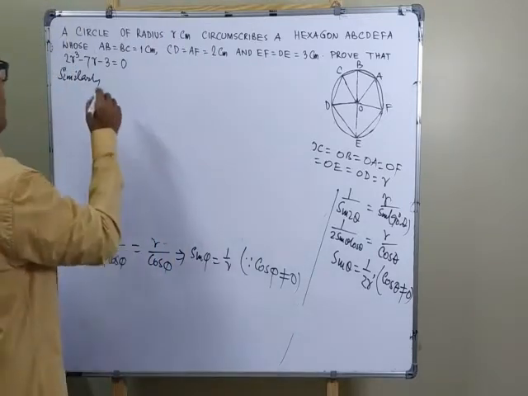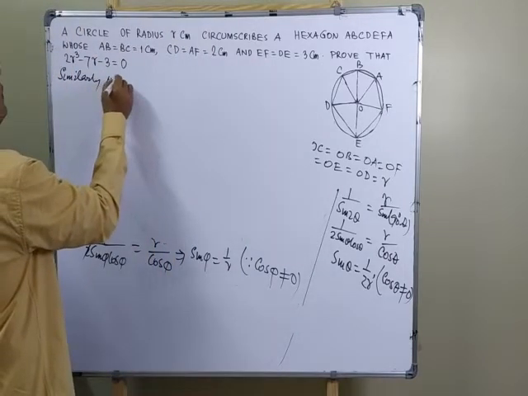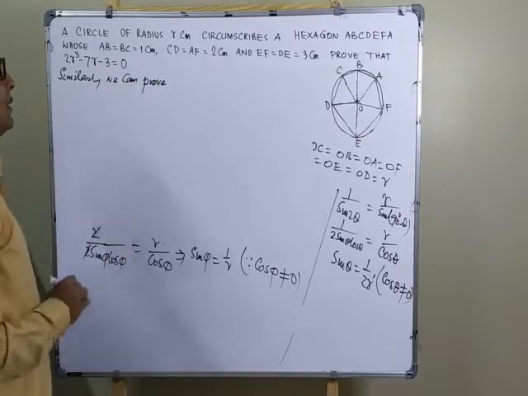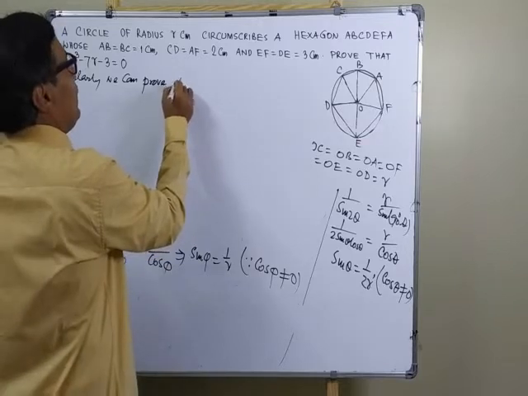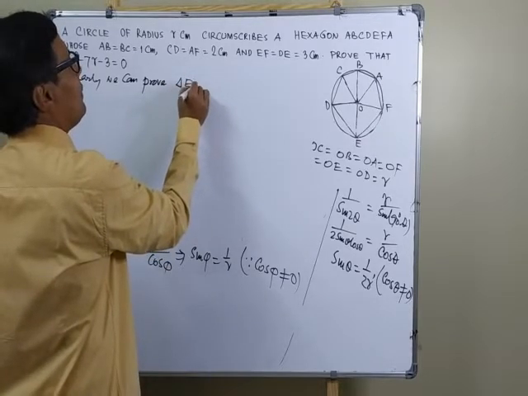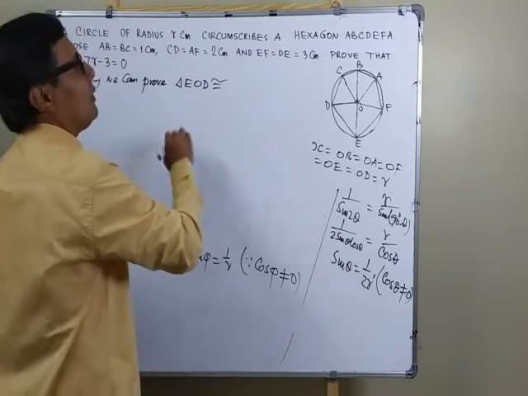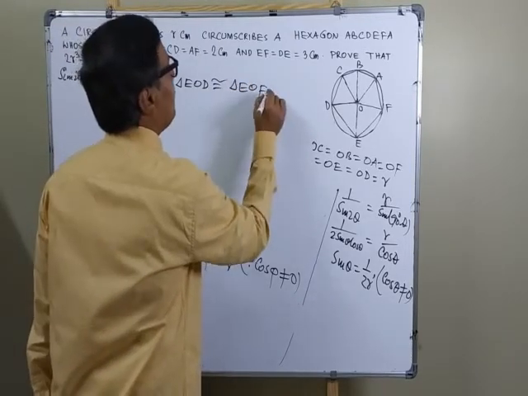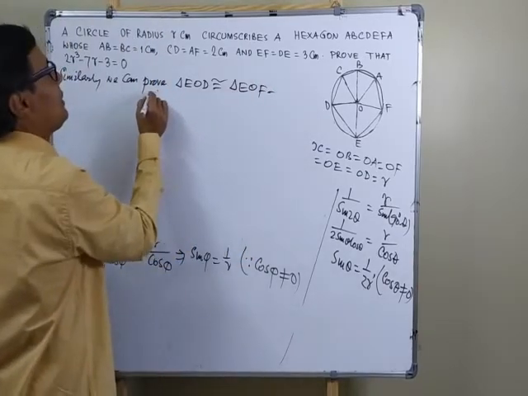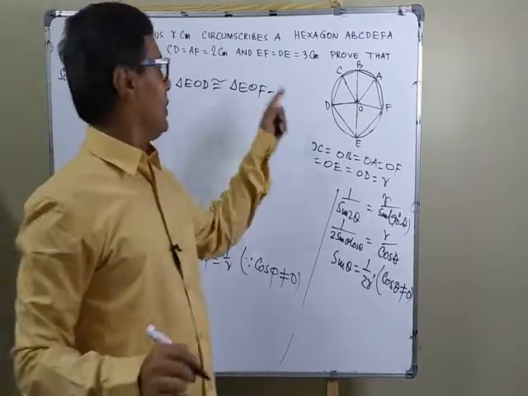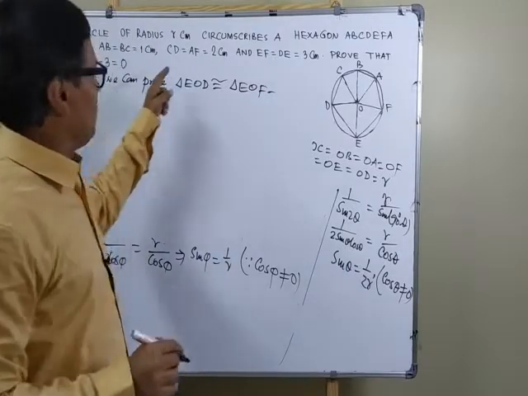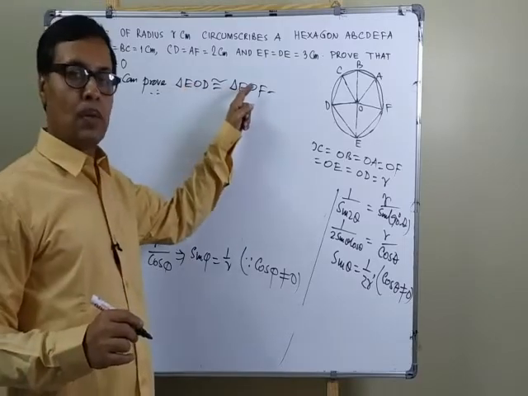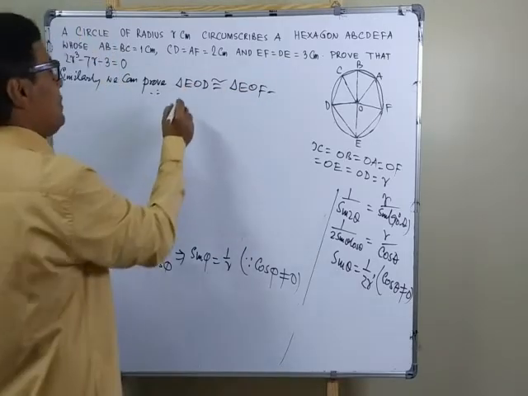Now similarly we can prove triangle EOD is congruent to triangle EOF. As these two triangles are congruent, this can be proved easily in the same way, and so these two angles are equal.